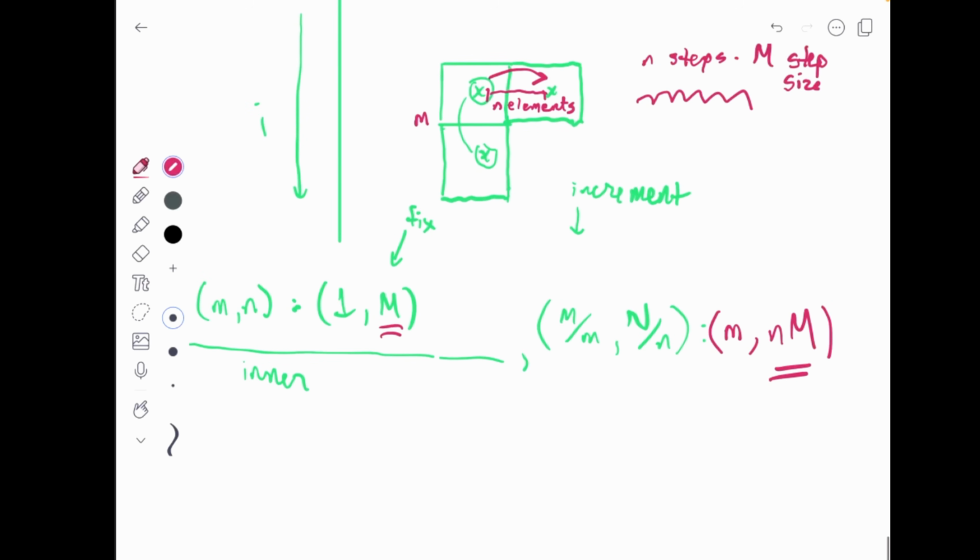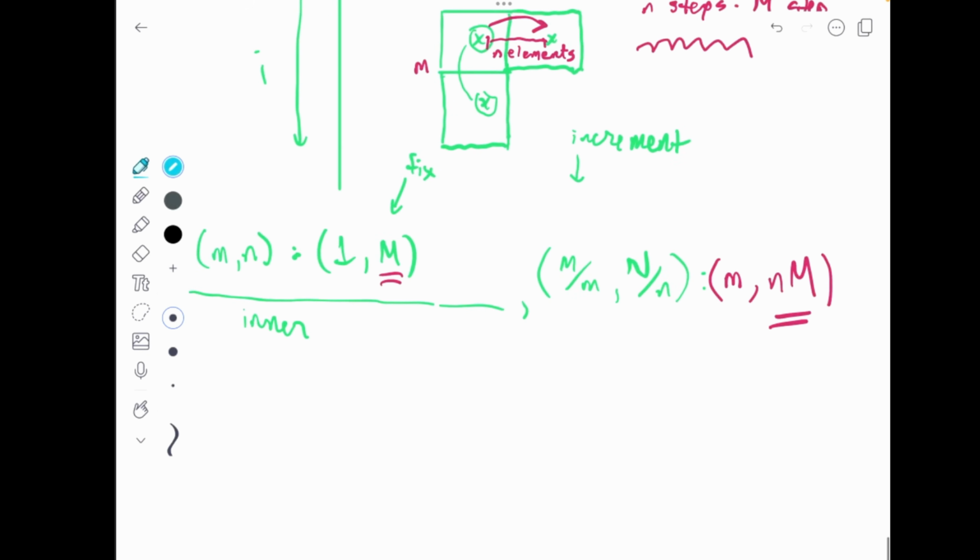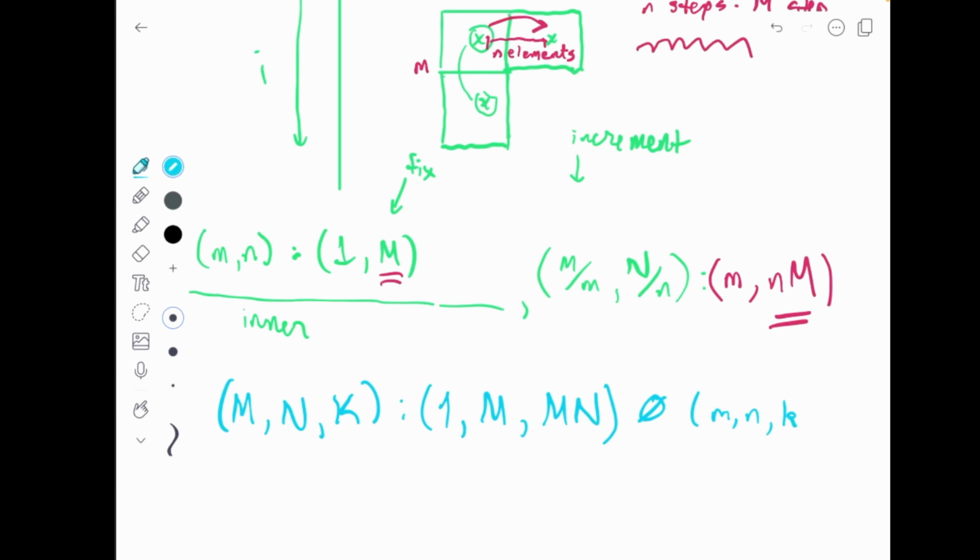Okay, I'll cut to the chase here. In general, if I have capital M, capital N, capital K, and let's say this is 1, M, M times N, that's the layout left. And I tile it by a shape. I'm going to take a layout and tile it by a shape, little m, little n, little k.